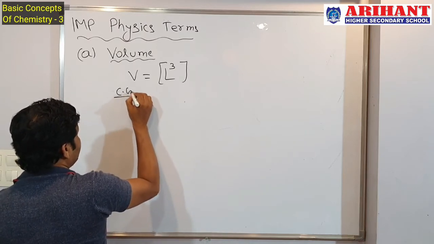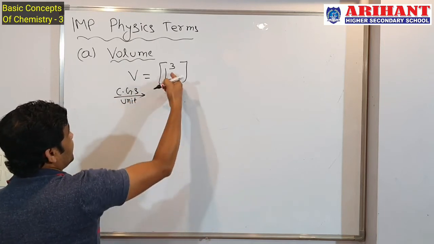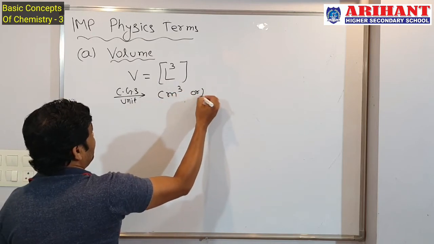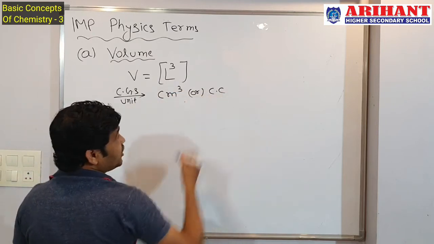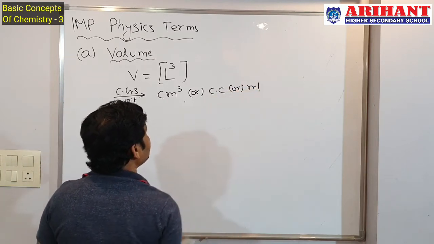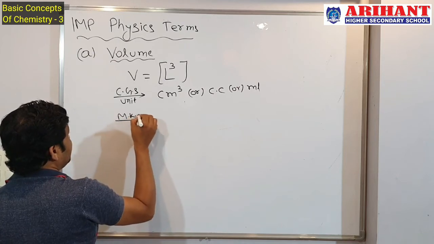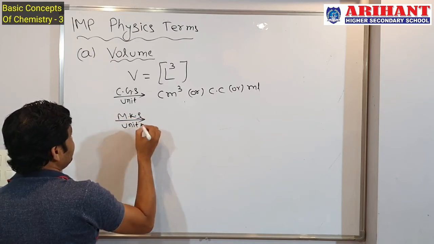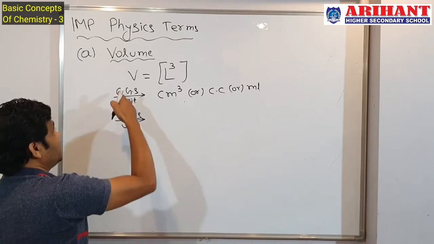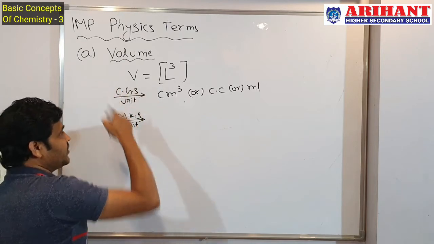CGS unit, length centimeter cube, or it is also called cc, cubic centimeter, or it is called ml. Ml means milliliter. MKS unit, meter, kilogram, second unit.